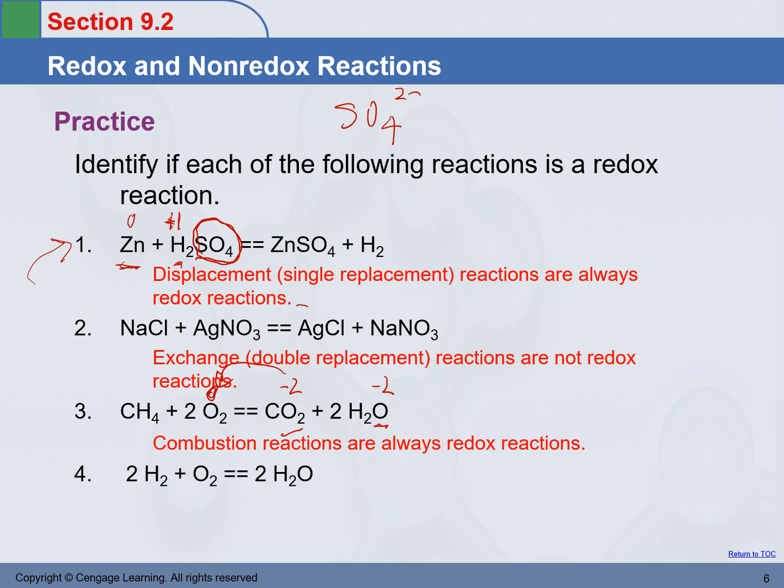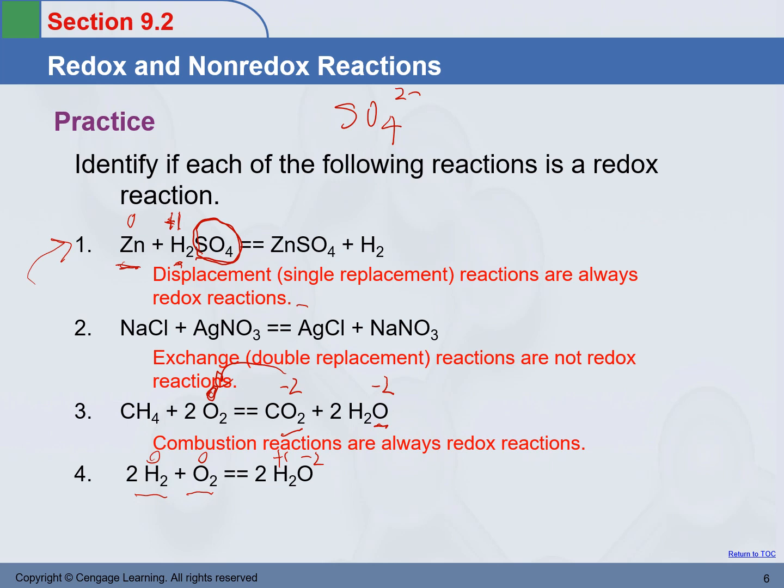The last example: hydrogen reacts with oxygen to produce water. Okay, this is a combination reaction. Two substances combine together to form one product. If we do the oxidation numbers, this is 0, this is 0, this is +1, this is -2. This is a redox reaction.